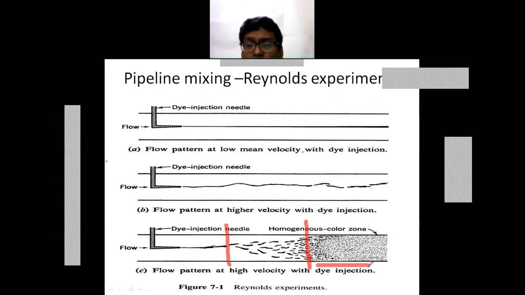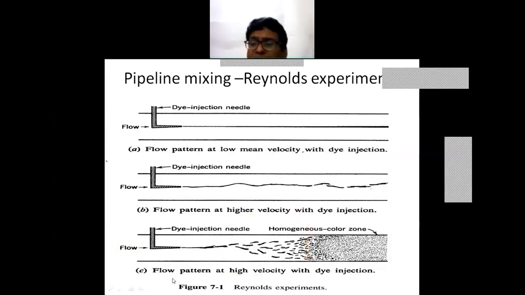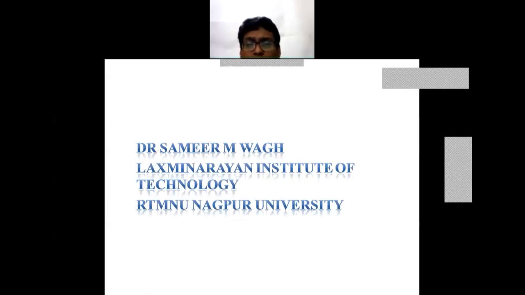So the complete distribution is there only because of the difference in the flow velocities at low velocity, at high velocity, and at very high velocities. The difference you can observe. This is related to pipe mixing. Besides the fluid mixing itself, certain static mixers can also be used.